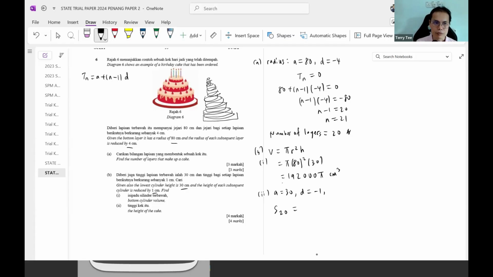The formula for Sn, if you remember, is n over 2 times (2a plus (n minus 1)d). Your n is 20, so 20 divided by 2, 2a, then 20 minus 1, and d is negative 1.